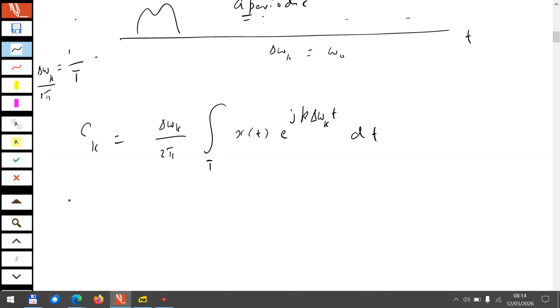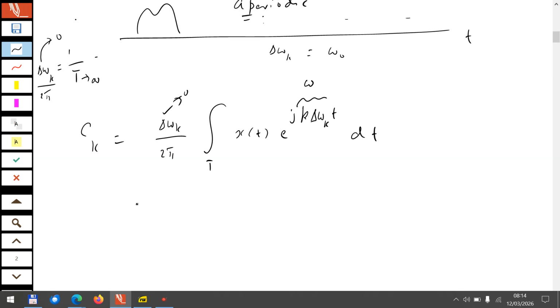Now think about that limit. What happens when we allow T to go to infinity? What happens to delta omega k? It approaches zero, right? This thing approaches a continuous variable, just like in your Riemann sum. So this will become a continuous variable omega rather than omega 1 and omega 2.